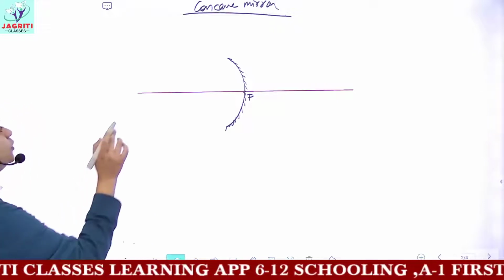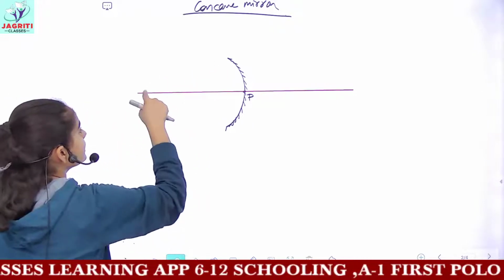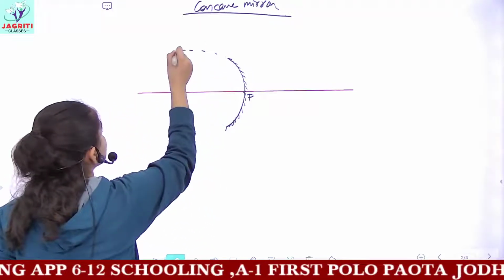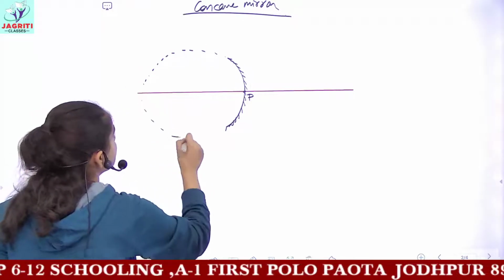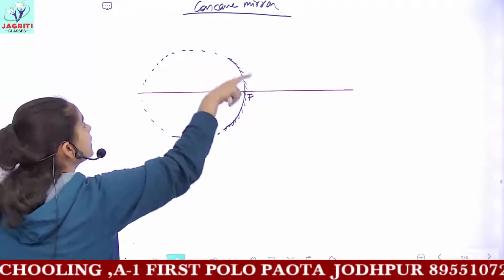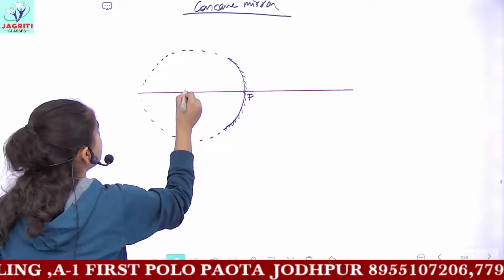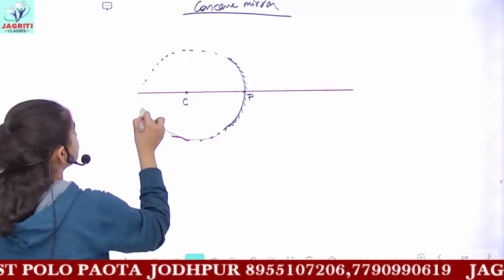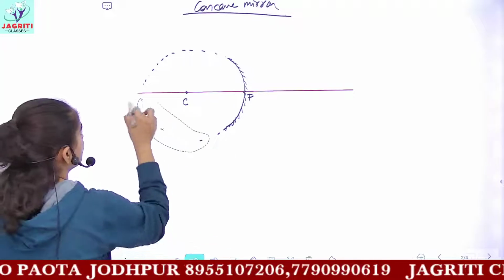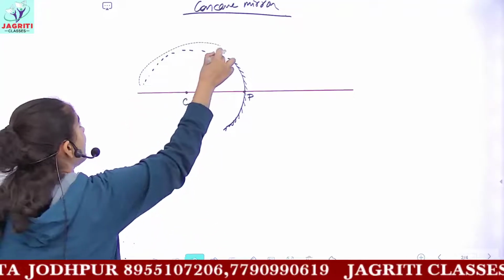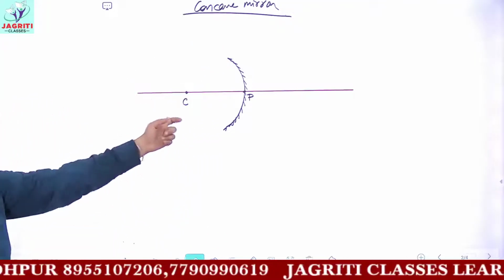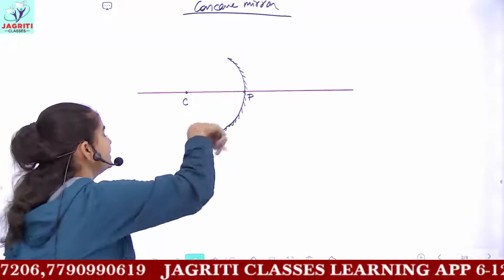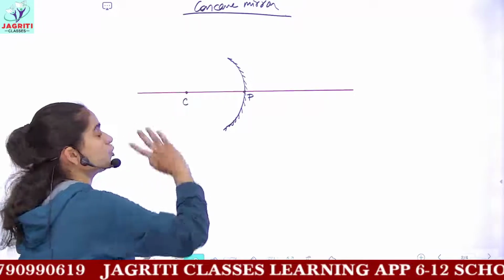If I complete a sphere of this mirror, then the center of this sphere would approximately lie here. You don't have to make this sphere. You have to mark a point C, which is the center of curvature, on this principal axis. It is an imaginary point, you can mark it approximately anywhere.